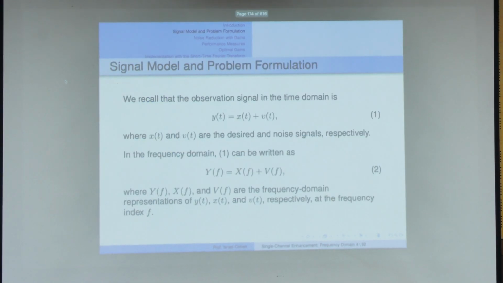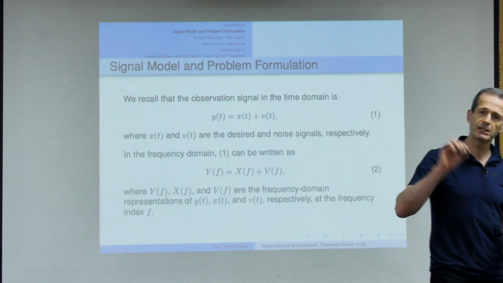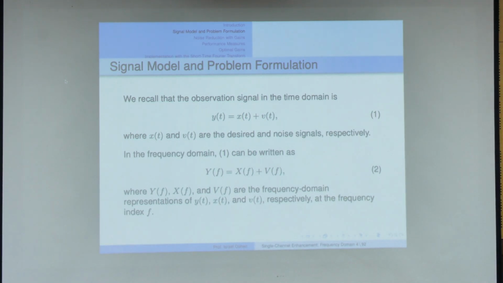Okay. So we start in the frequency domain. This is the model, just like we had in the time domain, but instead of working in the time domain, we transform the signals to the frequency domain, and then we have this problem. Y(f) equals X(f) plus V(f). And as we said, we want to simplify the filtering as much as possible, which means that we want to estimate X from Y alone.